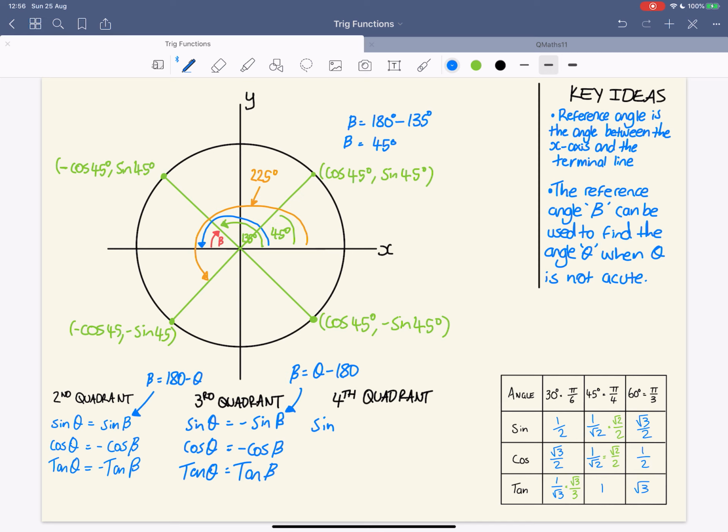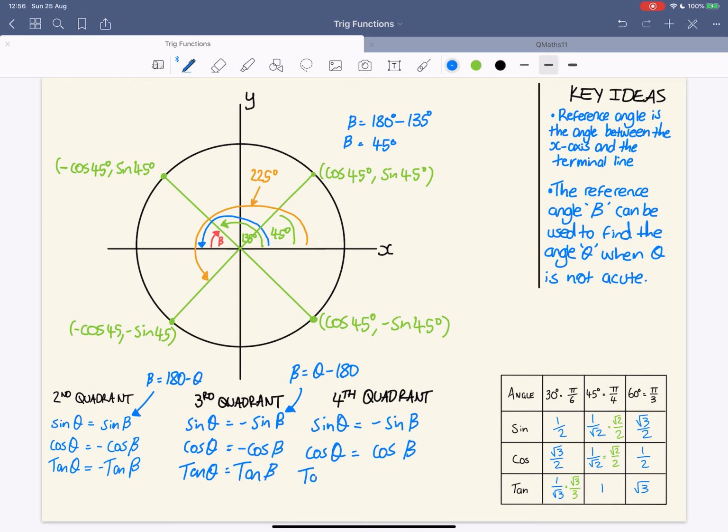Starting with the sine of theta, the sine of that angle would be equal to the negative sine of your reference angle because we're going down in that fourth quadrant. Well, that would be the sine of beta. The cosine of your angle would just be equal to the cosine of the reference angle because you're traveling positive along this x-axis, right, to get to that coordinate.